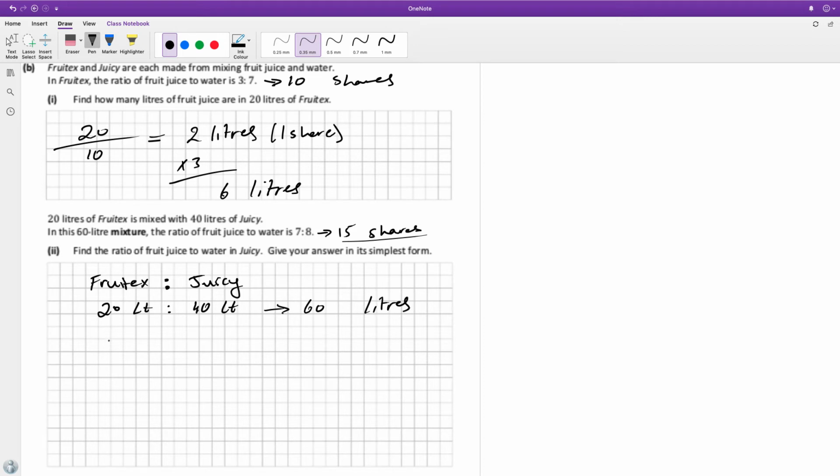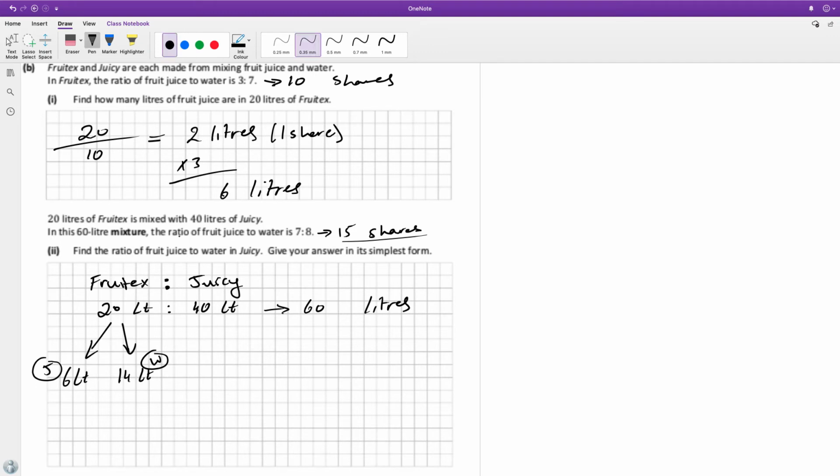Right. Do we know anything about Fruitex? Do we know the breakdown of Fruitex? We know that 6 litres of it is juice and 14 litres is water.